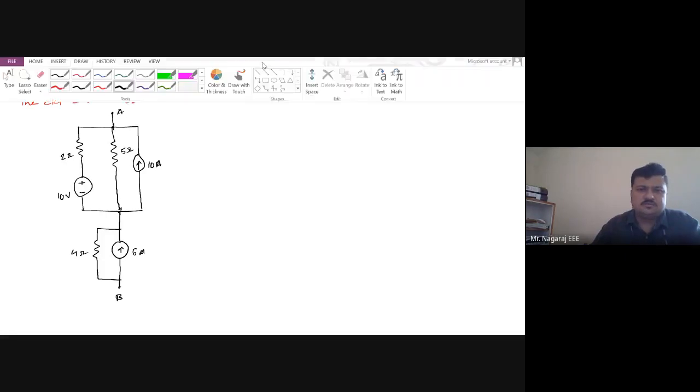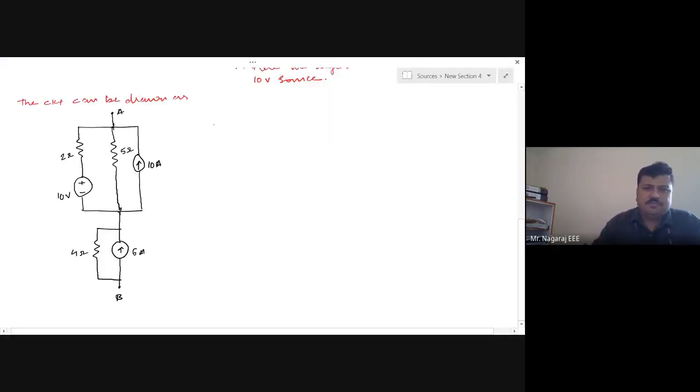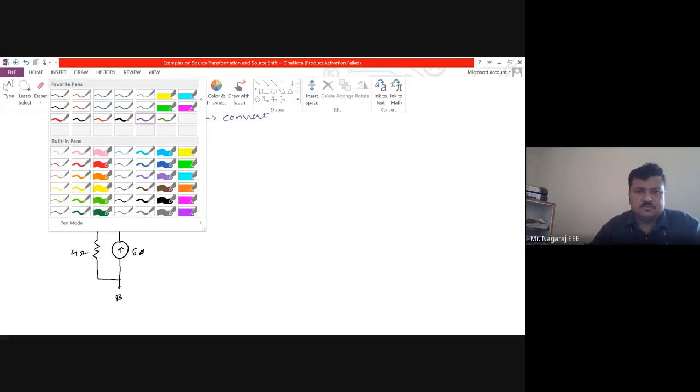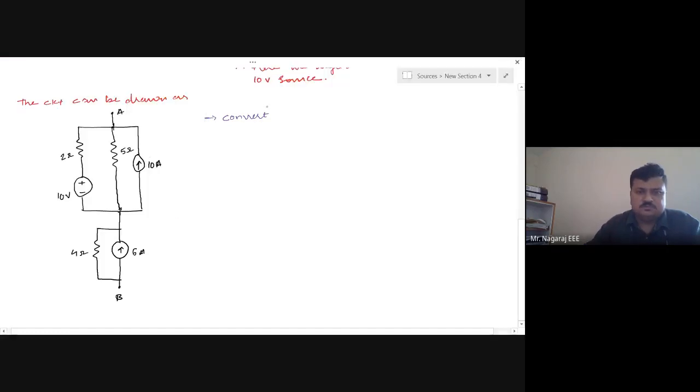Okay. So what I will do here is convert 6 ampere 4 ohm into a voltage source and 10 volt 2 ohms into a current source.